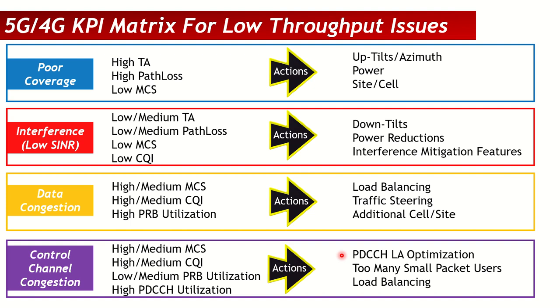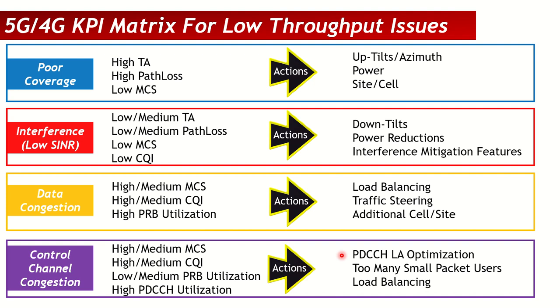Now if you have higher PDCCH utilization, to relieve that, you can make your PDCCH link adaptation algorithm a bit aggressive, so that the users that were getting 16 CCEs before start getting 8 CCEs. Users that were getting 8 CCEs start getting 4 CCEs. The ones that were getting 4 CCEs start getting 2 CCEs. So that way you will increase your PDCCH capacity, and the PDCCH congestion will start to decrease.